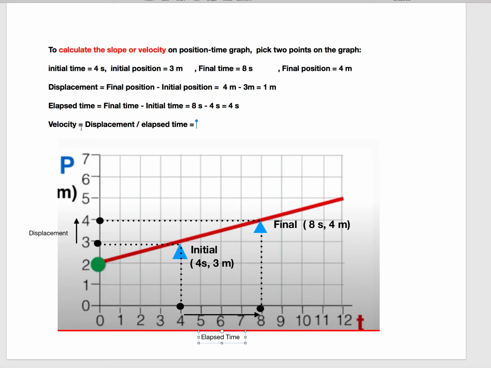So the velocity is the displacement divided by time. So all I have to do is divide these two numbers. 1 meter divided by 4 seconds, and then the answer is 0.25 meters per second. And this is how I calculate the velocity.